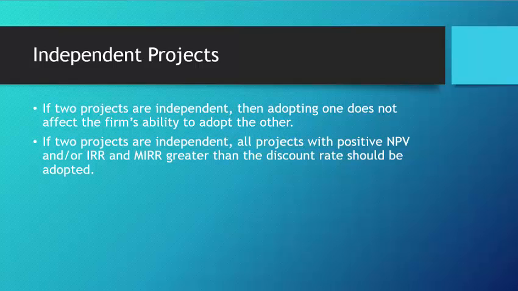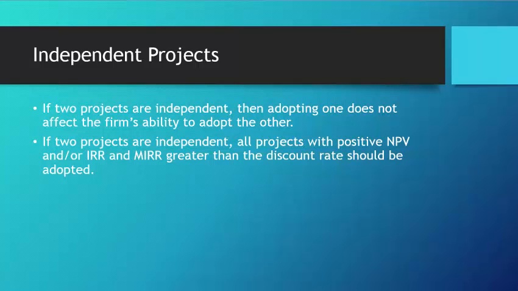Now, since we're talking about IRR and MIRR, let me point out one other little piece of information, and that is that MIRR that you calculate will always be between the IRR and the weighted average cost of capital. Always. If NPV is greater than 0 and MIRR is greater than weighted average cost of capital and IRR is greater than the weighted average cost of capital, in fact all three of those will happen together always, then we should adopt as long as the projects are independent.